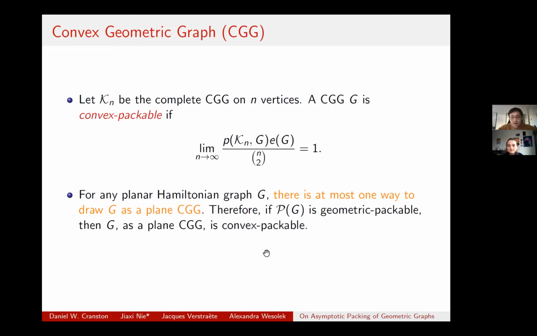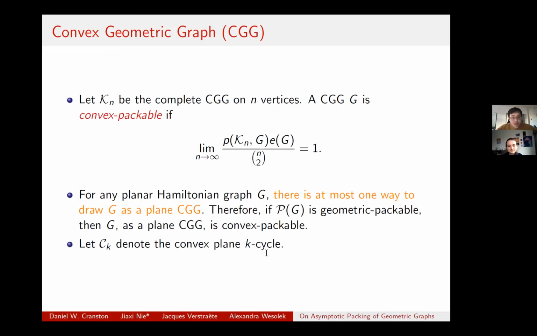And therefore, if P of G is geometric packable, then G as a plane CGG is convex packable. In other words, if G as a plane CGG is not convex packable, then P of G is not geometric packable. And this is the main idea to prove the negative part of Theorem 1.